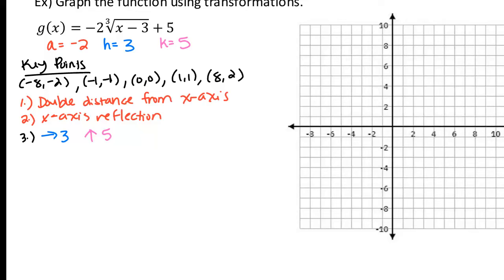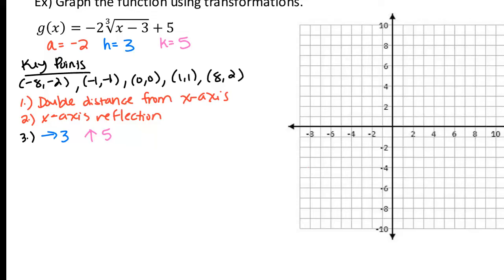So if I look at (-8, -2) right here, what's the distance from the x-axis? How many units? 2. So I'm going to double the distance down to -4. Now I'm 4 units away from the x-axis.